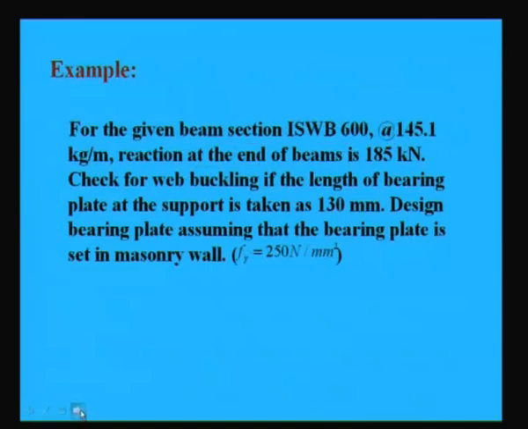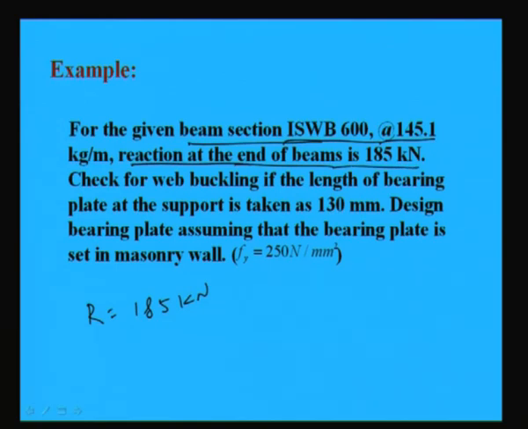Now, we will go through one example to see how we can check the buckling effect, right. The example is, say we are using ISWB 600 at 145.1 kg per meter and the reaction at the end of beam is 185 kilonewton.